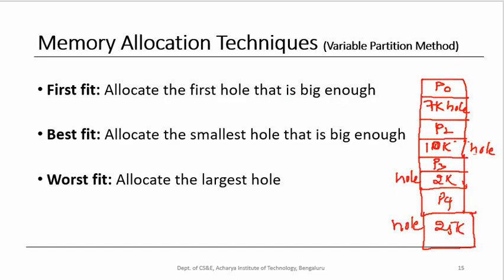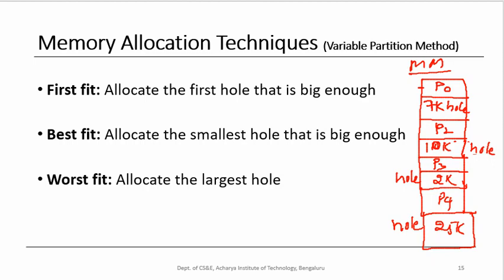Before I discuss the non-contiguous memory allocation approach, let me discuss different memory allocation mechanisms found in the variable sized partition method. Take the scenario that I have given here. This is how main memory looks. There's a process P0 in the memory.